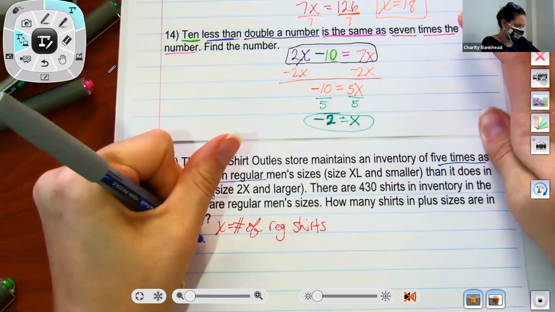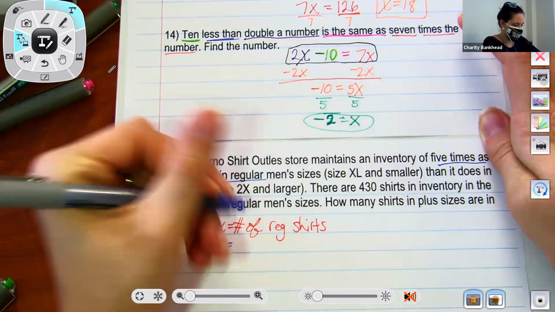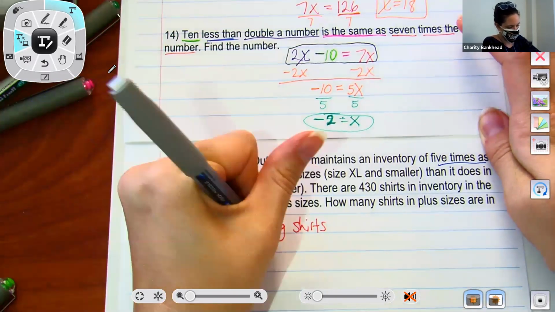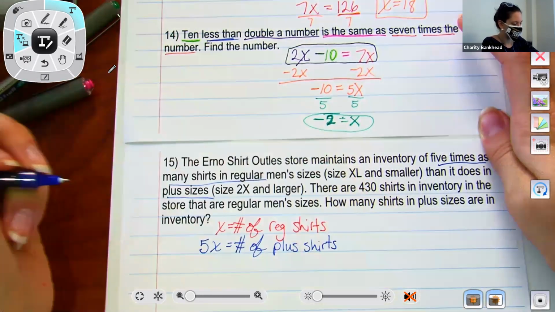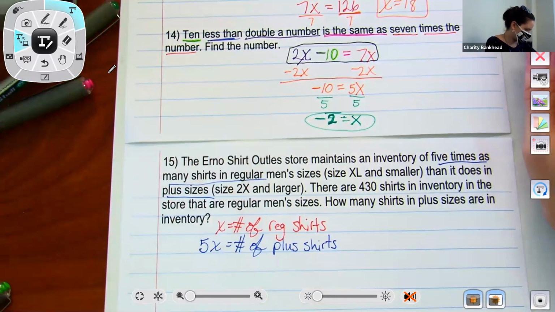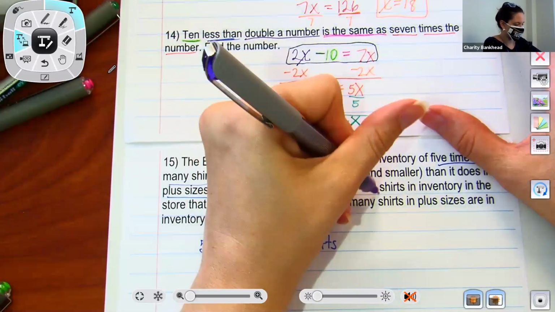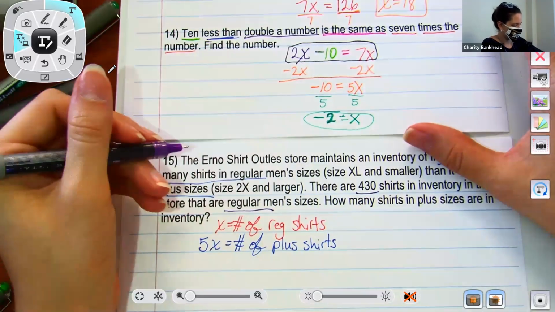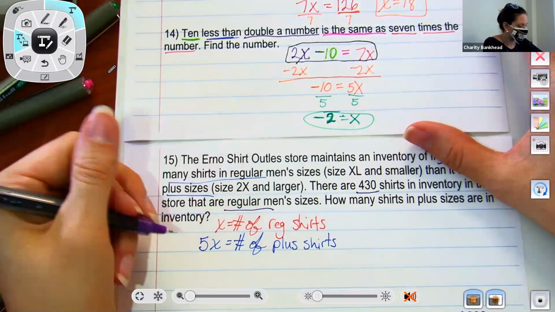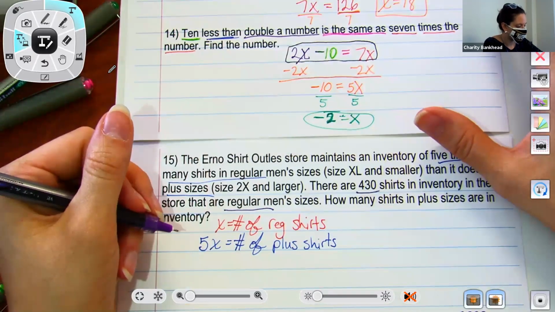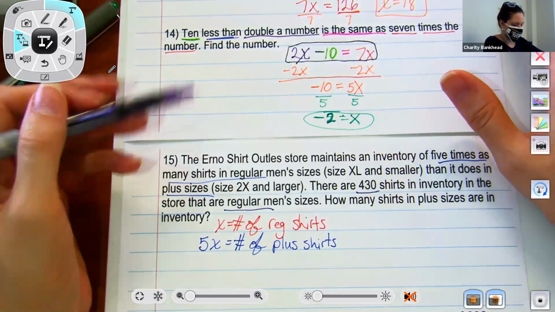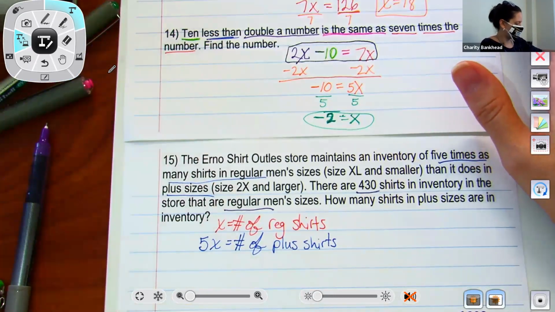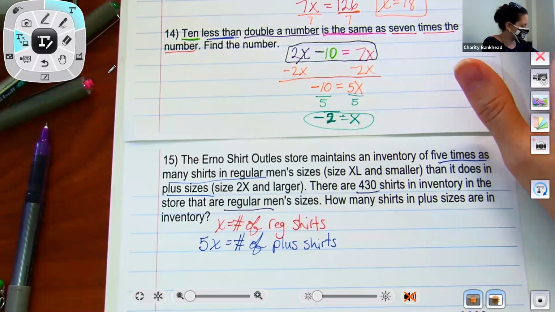So 5X would equal the number of plus shirts. And then it says there are 430 shirts in inventory that are regular. Oh wait, I think I mixed this up. I should have said X is the number of plus shirts and 5X is the number of regular shirts. Oops.